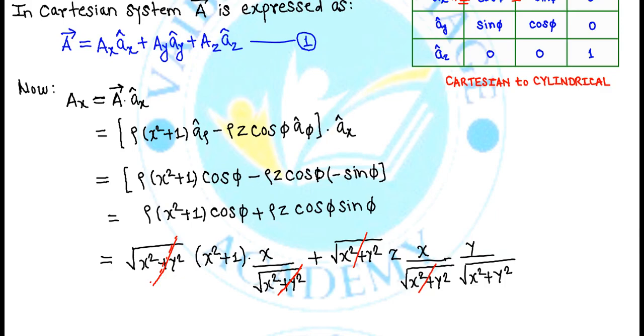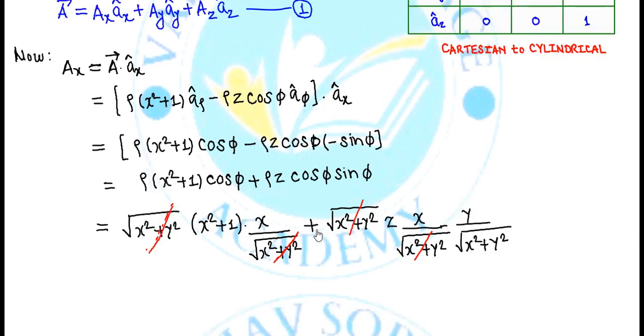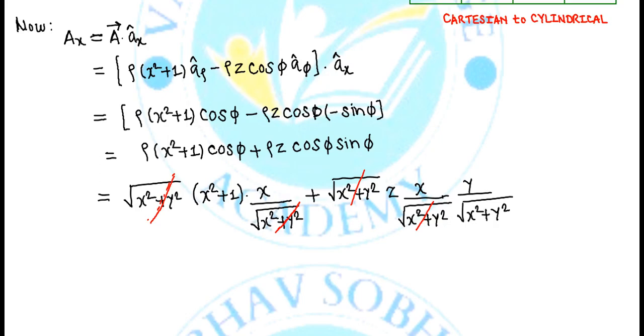Okay, so what is left? Very firstly, from this simplification it is equal to x square plus 1 into x, plus this and this get cancelled out. So what is left over here? This x, y and z, so we are going to rearrange that one. That is x, y, z divided by square root of x square plus y square.